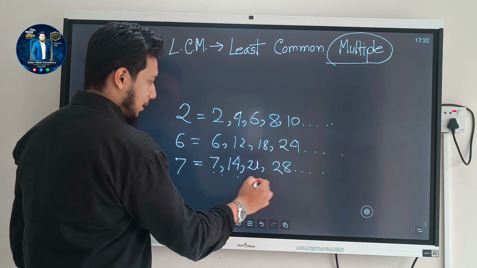If you multiply all of them, you get the LCM. So 5 threes are 15, 15 twos are 30, 30 twos are 60, 60 twos are 120, 120 twos are 240. 240 is the least number that can be divided by all of them.